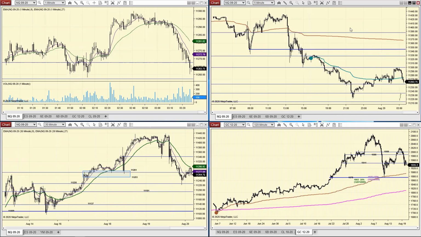Probably not a bad area, but I'm looking for a little bit better pullback. You can see, bear with me.